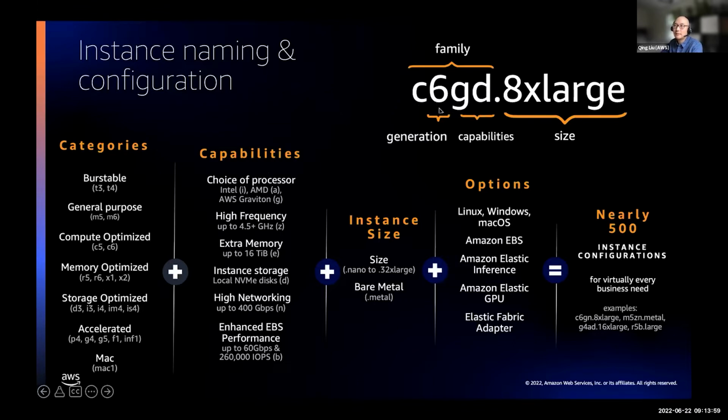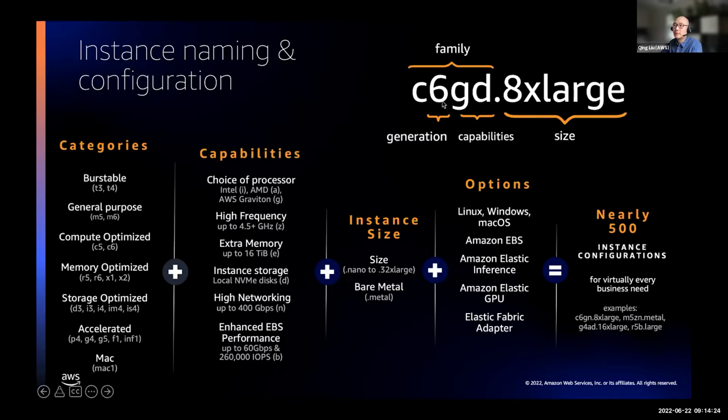And then followed by the letter, that's the generation. As we are innovating with the hardware in our data centers, we come up with new instance generations over time. It starts from 1 and goes to, I think right now most of the instance types are either generation 5 or generation 6.